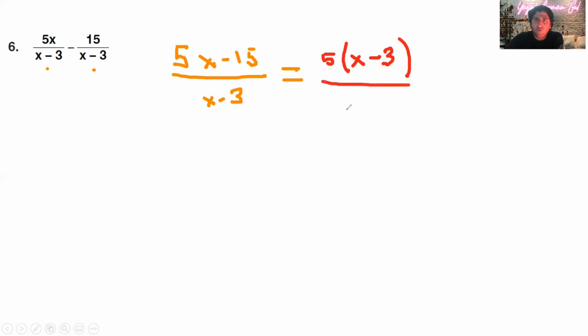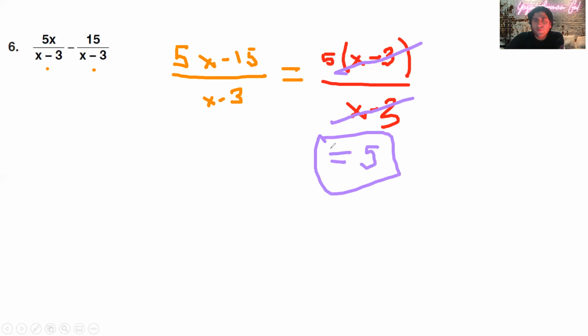So over x minus 3. As you can see, x minus 3 and x minus 3 will cancel each other. So only 5 is left. So this is going to be my answer. Let's continue with the next question.